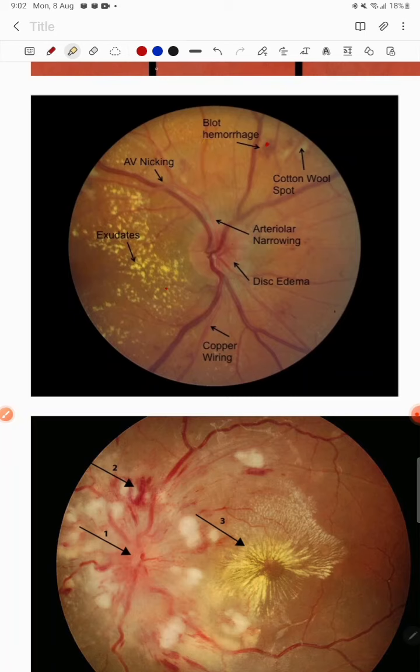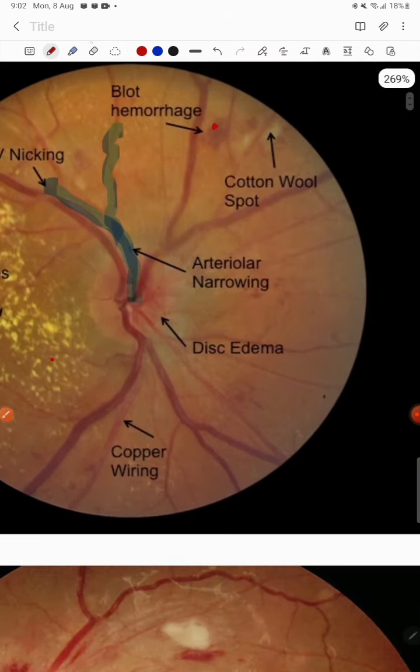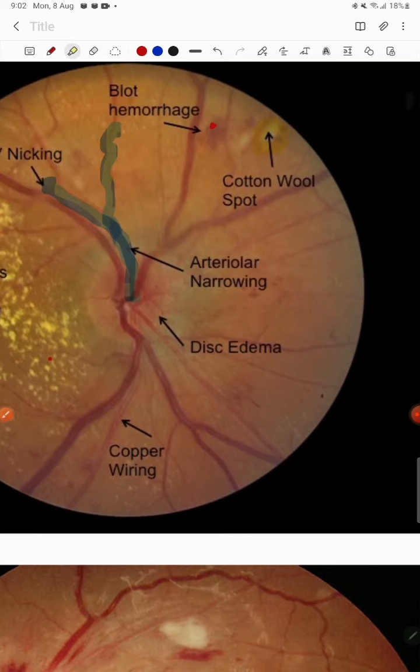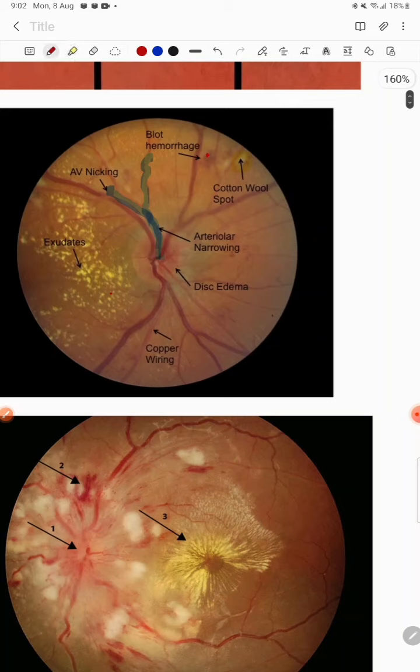Okay, it was thick, now it has become narrow. So there is a narrowing of your arteriole, and you can see a cotton wool spot, which is nothing but the ischemia of your nerve fiber layer.